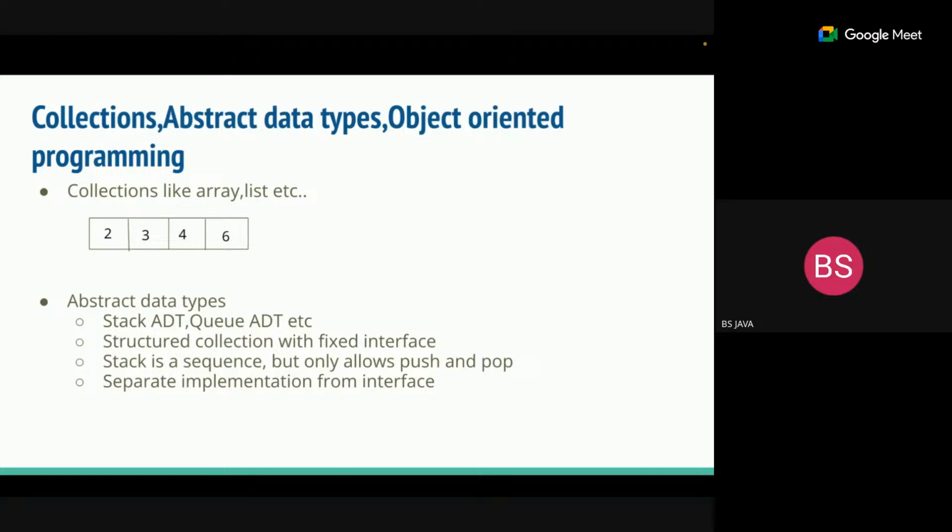Push adds to the stack, pop pops out from the stack. That is why it is called an abstract data type, because we are only focusing on the interface, push and pop, and not considering the implementation. Getting it?